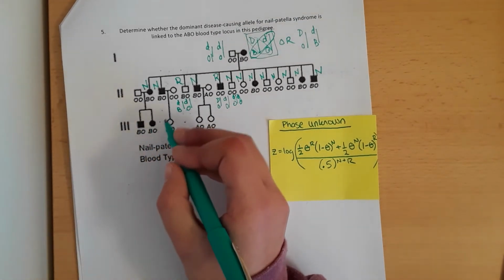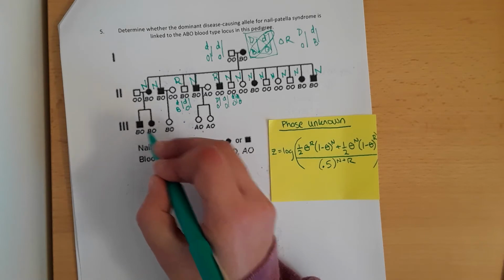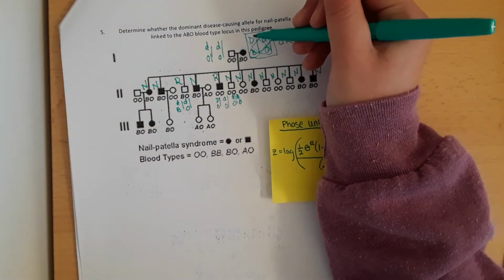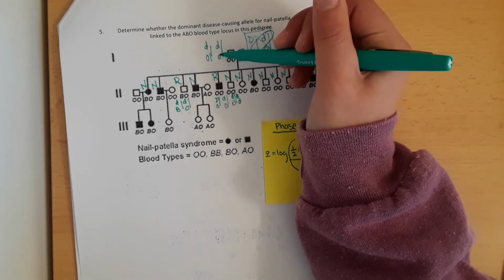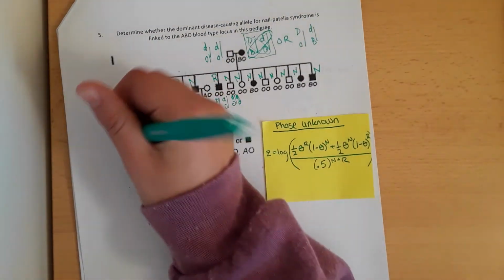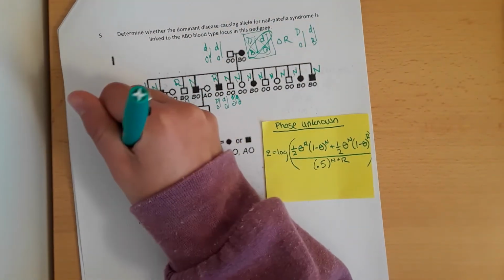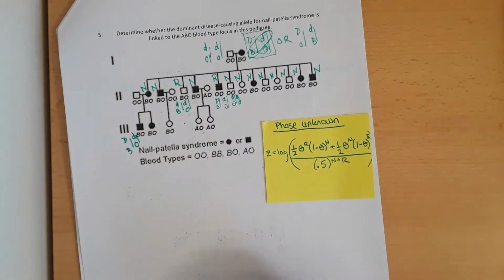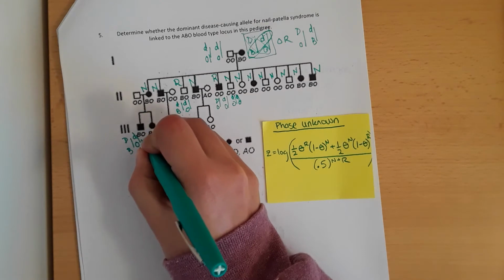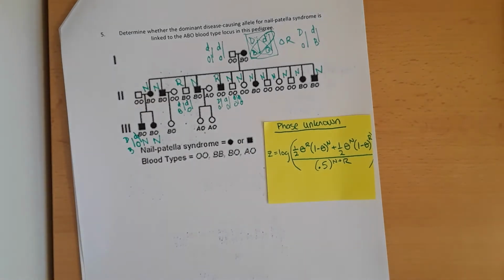They are BO, BO. They got the disease gene from mom, and then their O gene from dad. So they are non-recombinant because no crossover occurred.